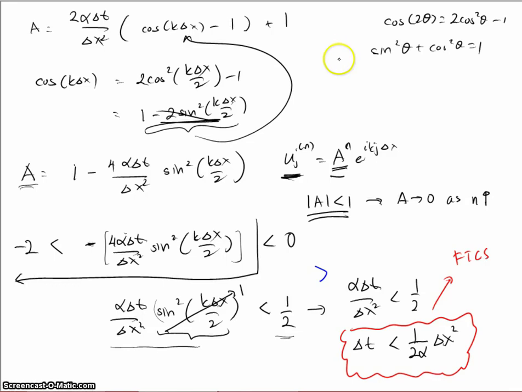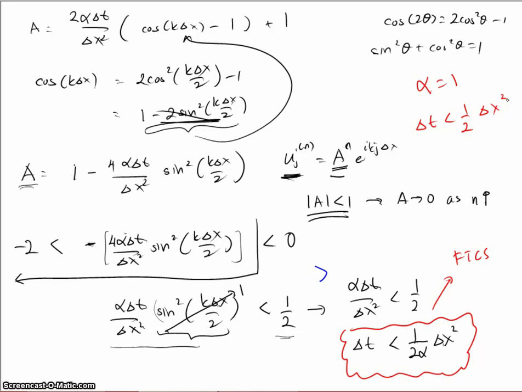So if alpha is equal to 1, then your Δt must be less than half of Δx squared. So if your Δx is, let's say, 0.1, then your Δt must be less than 0.005.